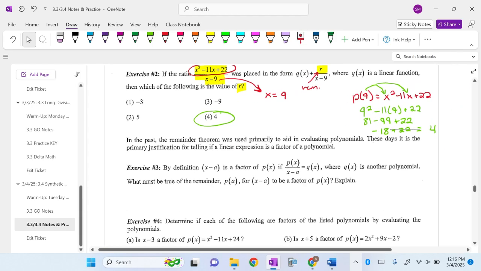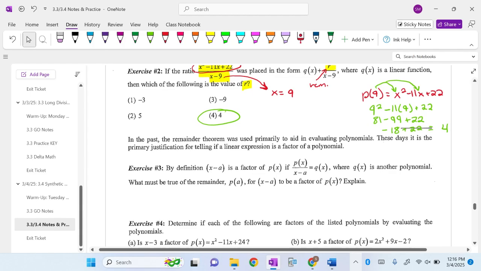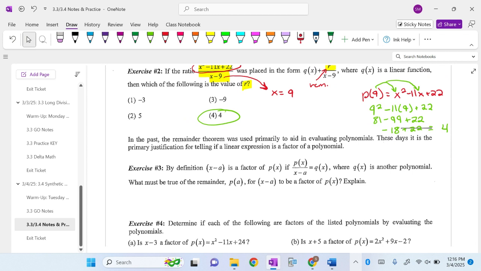Now, on top of that, we can use the remainder theorem to figure out if a binomial is a true factor or true solution to a polynomial. All right. So I want you guys to think about this. By definition, x minus a is a factor of p of x if p of x divided by it is equal to q of x, where q of x is another polynomial.